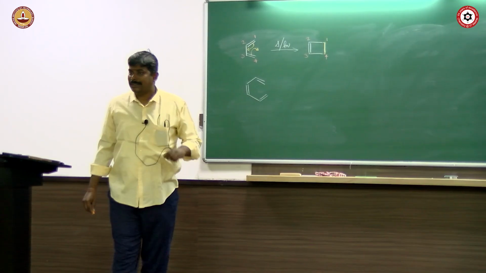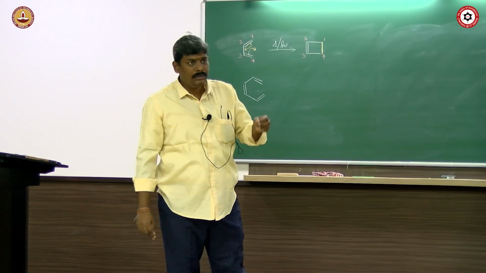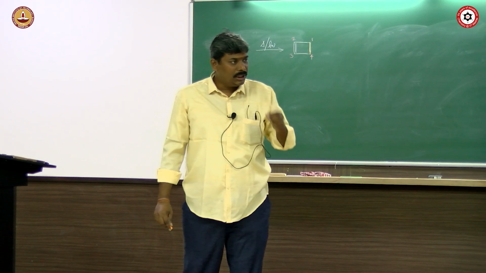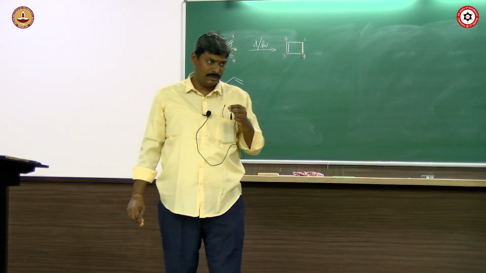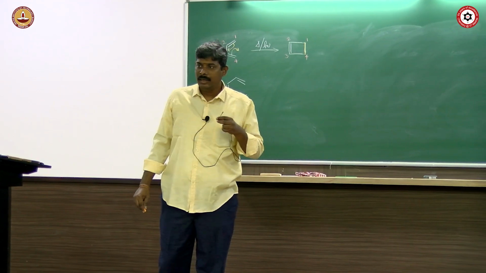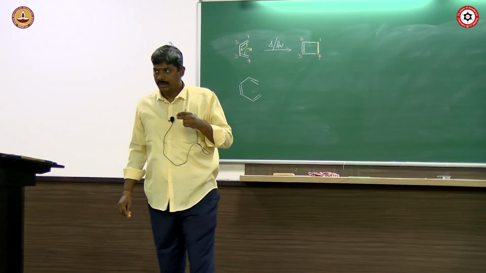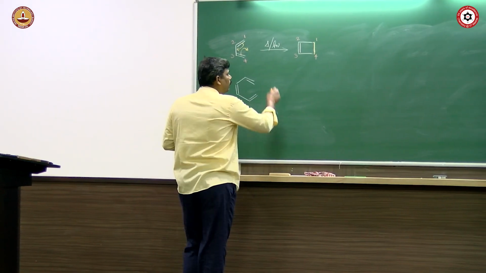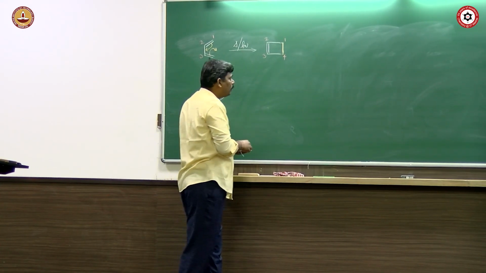As I said, it's an electrocyclic reaction, an unimolecular transformation of a conjugated polyene undergoing a cyclization. So this we can also say is an electrocyclic ring closure. The forward reaction we talked about is an electrocyclic ring closure.